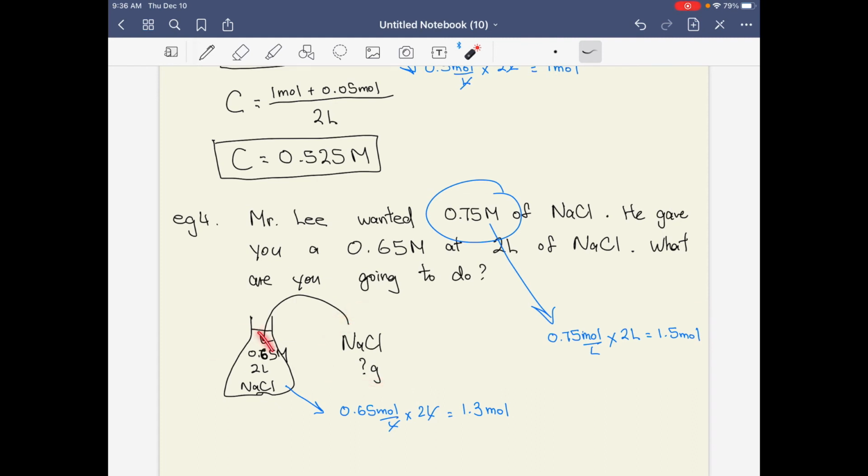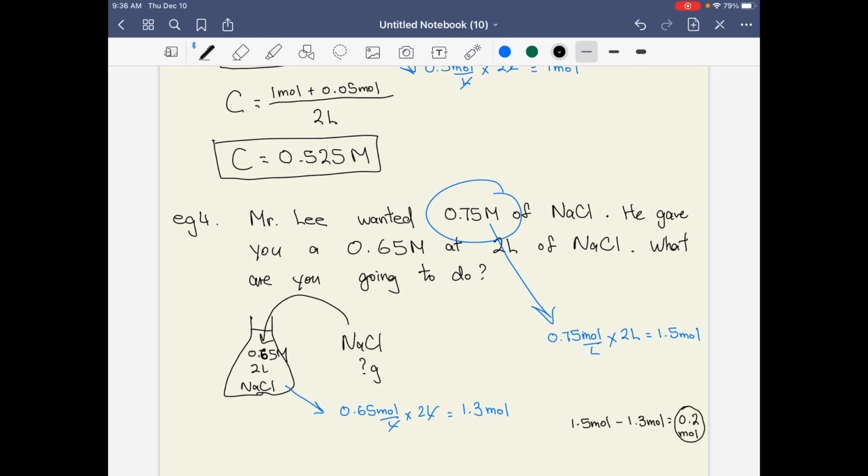So initially you have 1.3 moles in there. Your final solution will have 1.5 moles in there. The difference here is what you added. So, to finish off this question, you're going to take 1.5 mole and you're going to subtract that by 1.3 mole. And the answer, of course, is 0.2 mole.